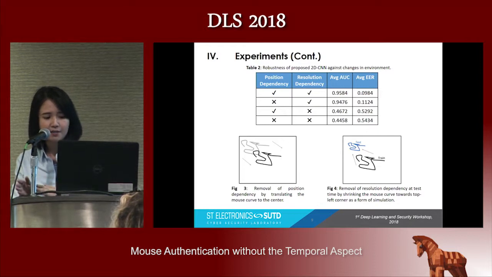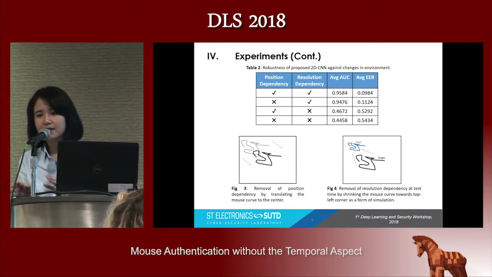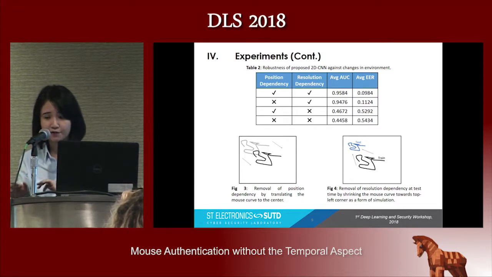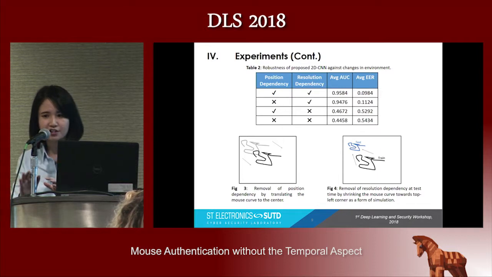And on the other hand, we have removed the resolution dependency by ensuring that the screen resolution during test and train time are different. We simulate such a change in resolution by simply shrinking the mouse curve towards the top left corner, to simulate an increase in the screen resolution.